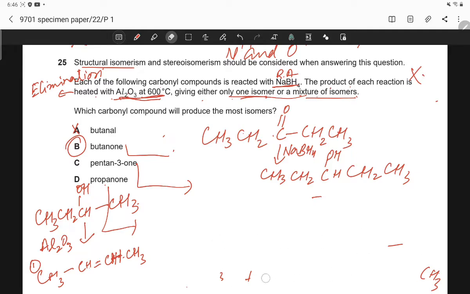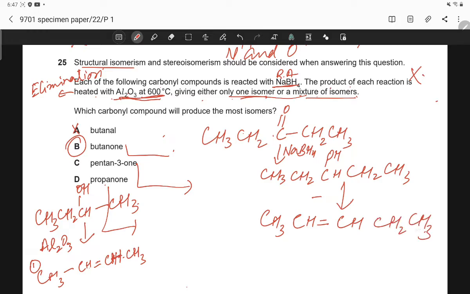So if it reacts by elimination reaction, this is one possibility, CH3, CH double bond, CH, CH2, CH3. 1, 2, 3, 4, 5.